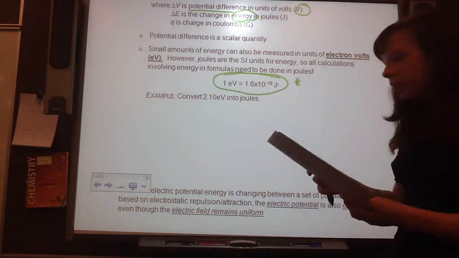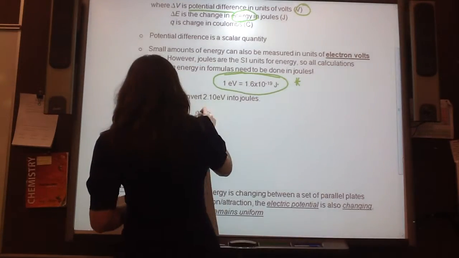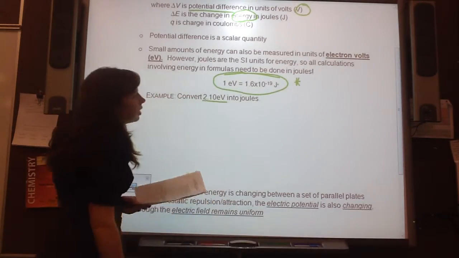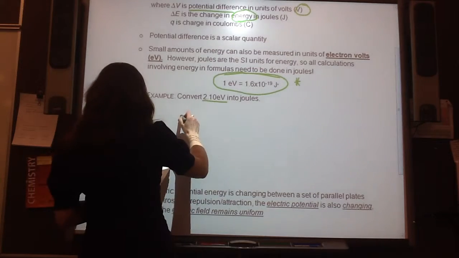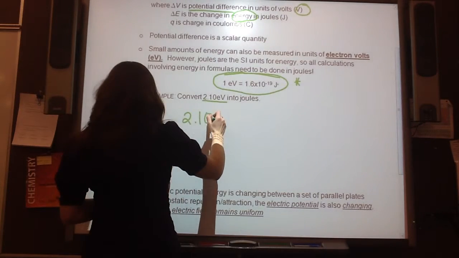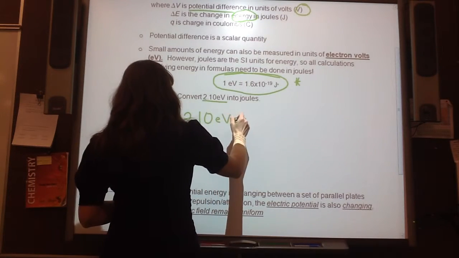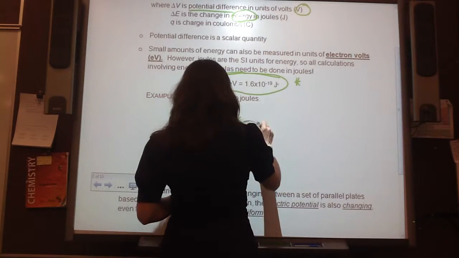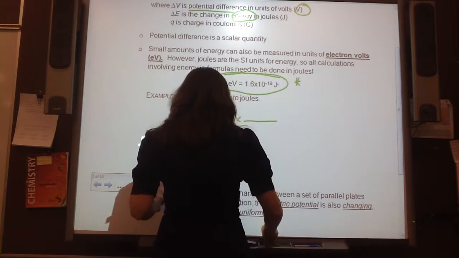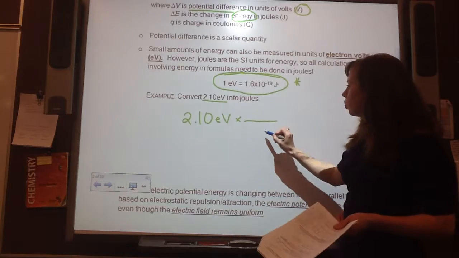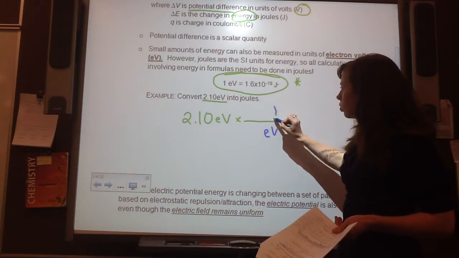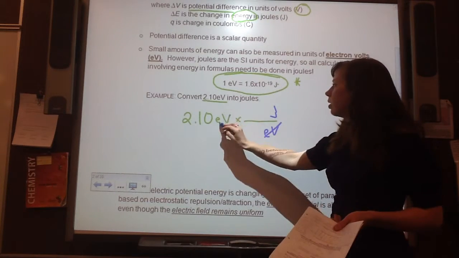So I'll show you how to do it now. If we're to convert this many eV, or electron volts, to joules, we go 2.10 eV times by. Now we want to get it into joules, so we have eV on the bottom and joules on the top so that we can cancel out.